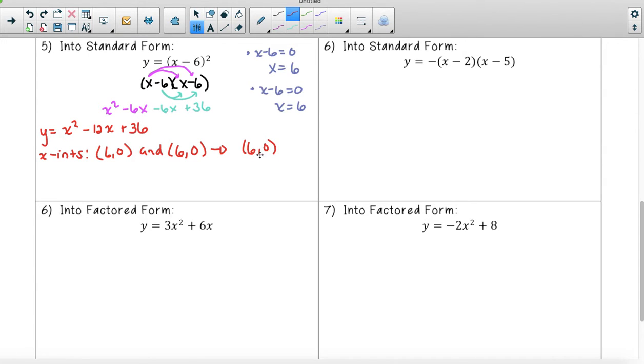It does happen twice. We do need to know that it does happen twice, but we only have to write it once. Our y-intercept comes from our constant of 36, so it's 0, 36. And we determine, since the a value in the beginning of factored form and standard form is positive, this is a minimum.